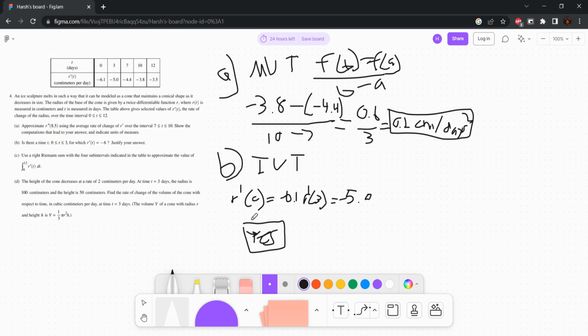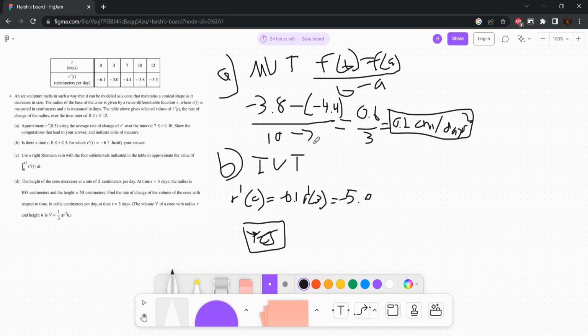To conclude, IVT proves that if the function is continuous, which it is, there must be a c that exists between a and b. In this case, the value is negative 6, in between negative 6.1 and negative 5. To get from negative 6.1 to negative 5, it has to be at negative 6 at one point, which is pretty much all I'm trying to say.